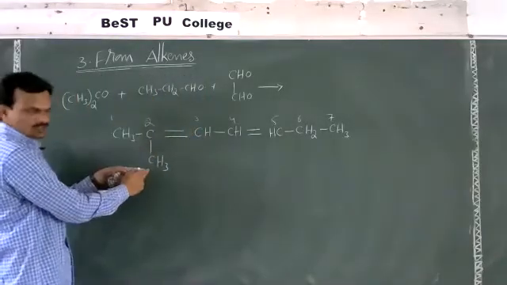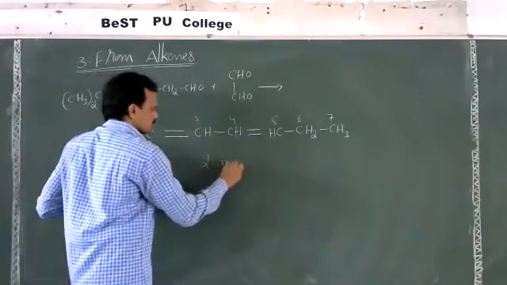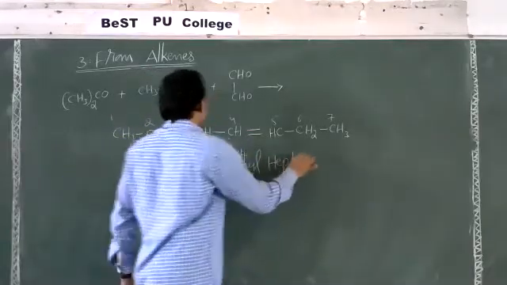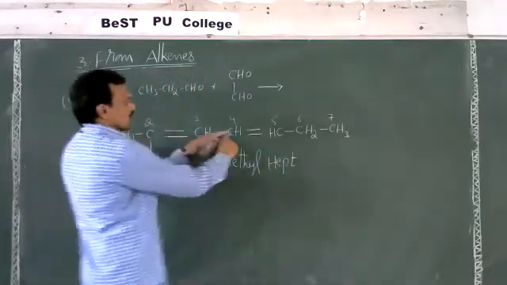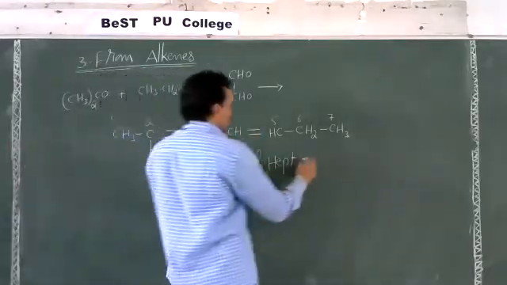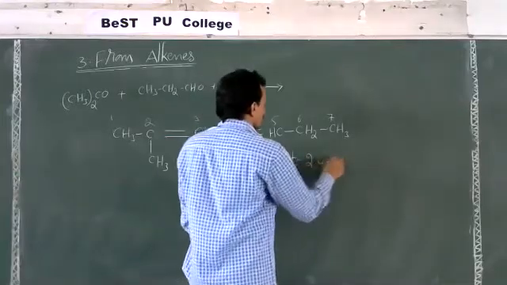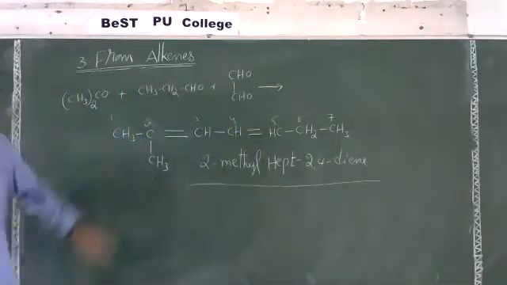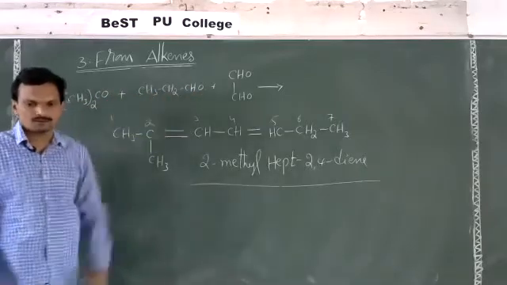At second position methyl is there. So this is 2-methyl hept. After second position, after fourth position, double bond is there. Hept-2,4-diene. This is the alkene from which these three molecules will be formed.